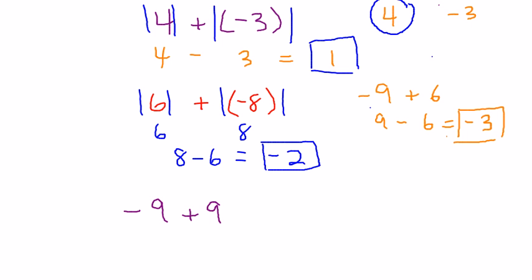If you remember from before when we added negative 5 and positive 5, whenever you're adding a positive integer to its negative counterpart, the answer will always be 0. But applying the rule, the absolute value of negative 9 is 9, the absolute value of 9 is 9, and of course 9 minus 9 gives us 0. Once again, this is called a zero pair, and a zero pair will always have a value of 0.